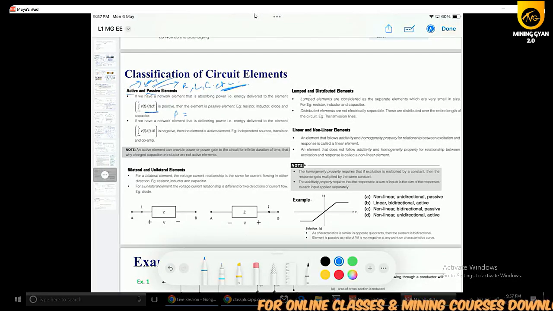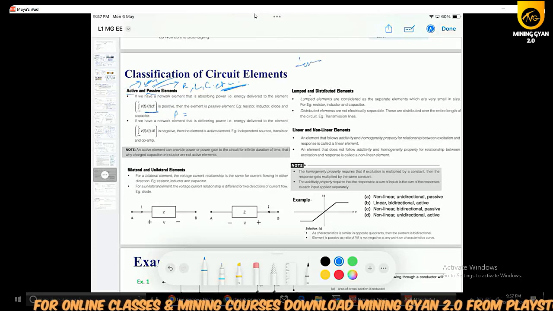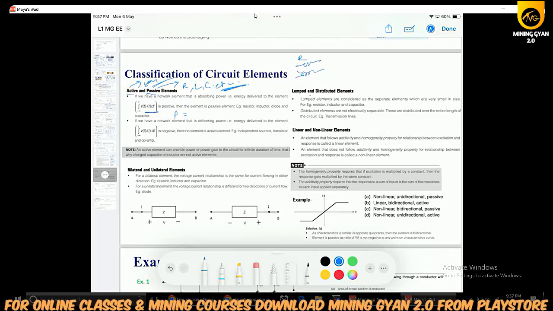Then what is the difference between lumped and distributed elements? Lumped elements are considered as the separate elements, which are very small in size, like resistor, inductor, capacitor, so that we can connect them in a circuit by representing like this.